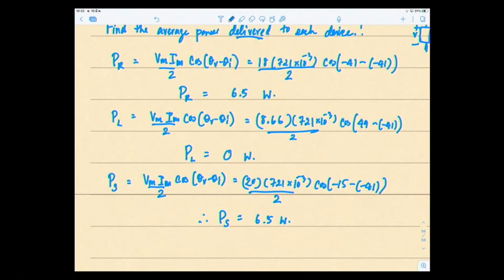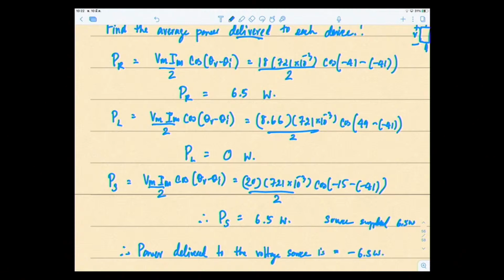6.5 watt. So the source supplies 6.5 watt. If you want to answer what is the power delivered to the voltage source, then it should be minus 6.5. So therefore the power delivered to the voltage source is equal to minus 6.5 watt.